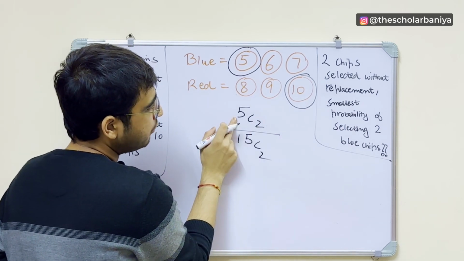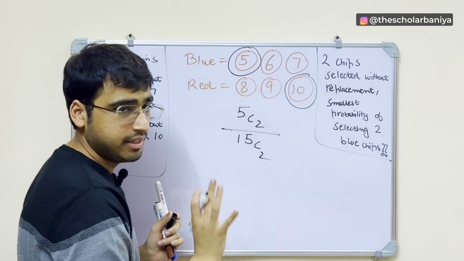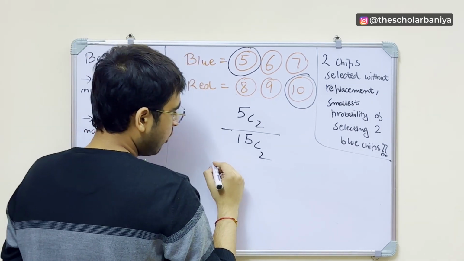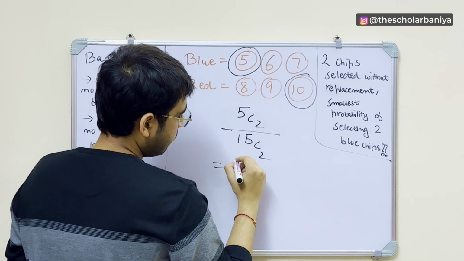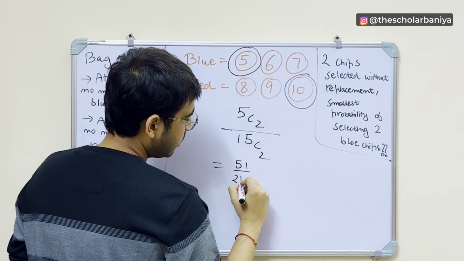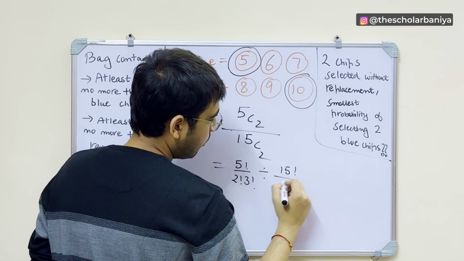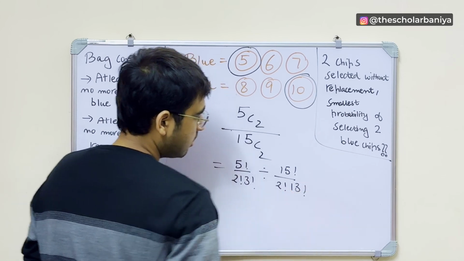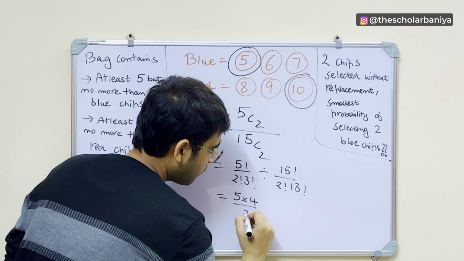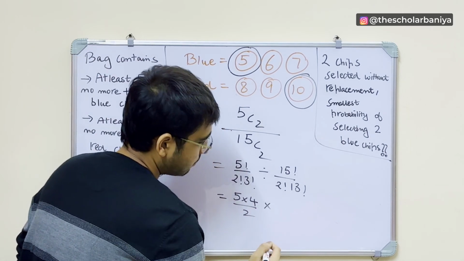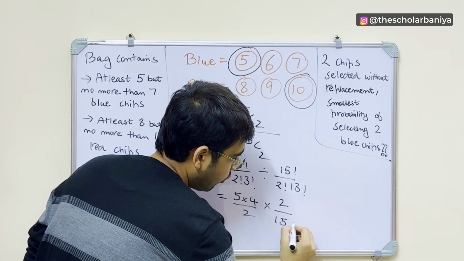Over here we do 5 because we need blue, and below we need all, so that is why 15. Now if you solve this, how much does it come out to be? 5 factorial upon 2 factorial 3 factorial divided by 15 factorial upon 2 factorial 13 factorial. So this comes out to be 5 into 4 upon 2, into 2 upon 15 into 14.